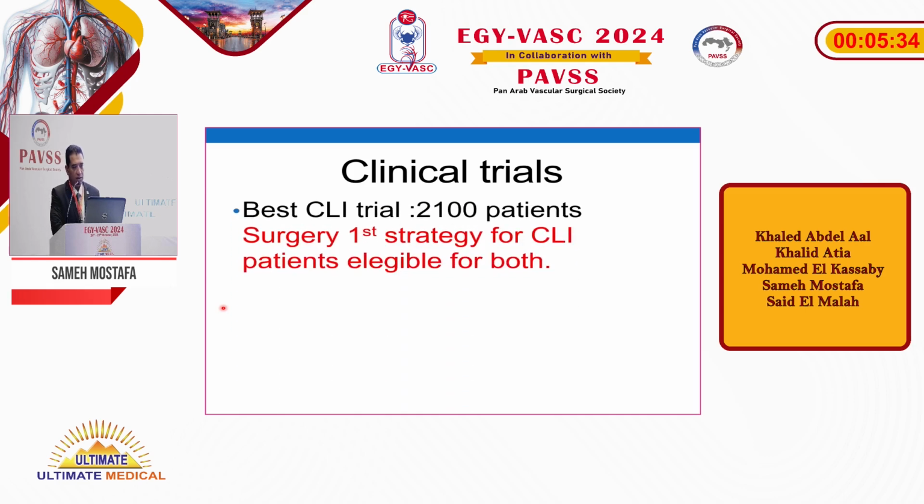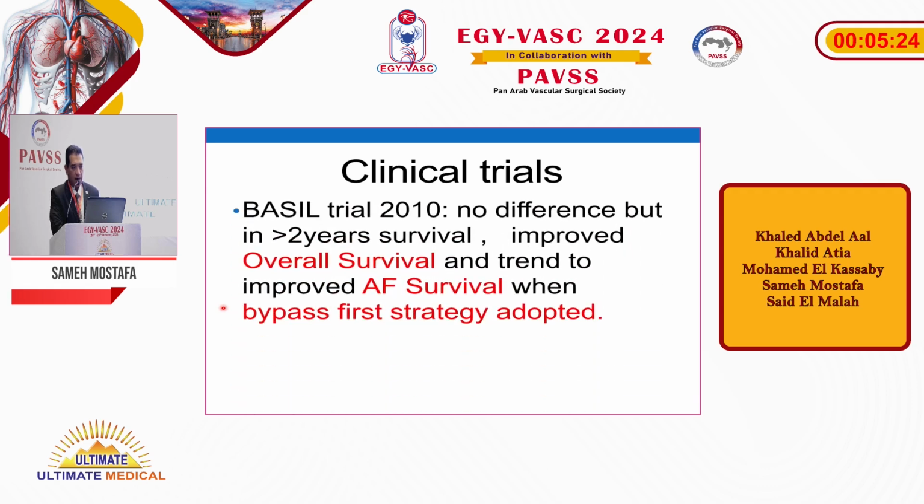Reviewing the literature, we have three big trials, the best CLI trials, which recommended bypass first strategy when the patient is eligible for both. The BASIL trial in 2010 recommended bypass first strategy when you have life expectancy of more than 2 years.